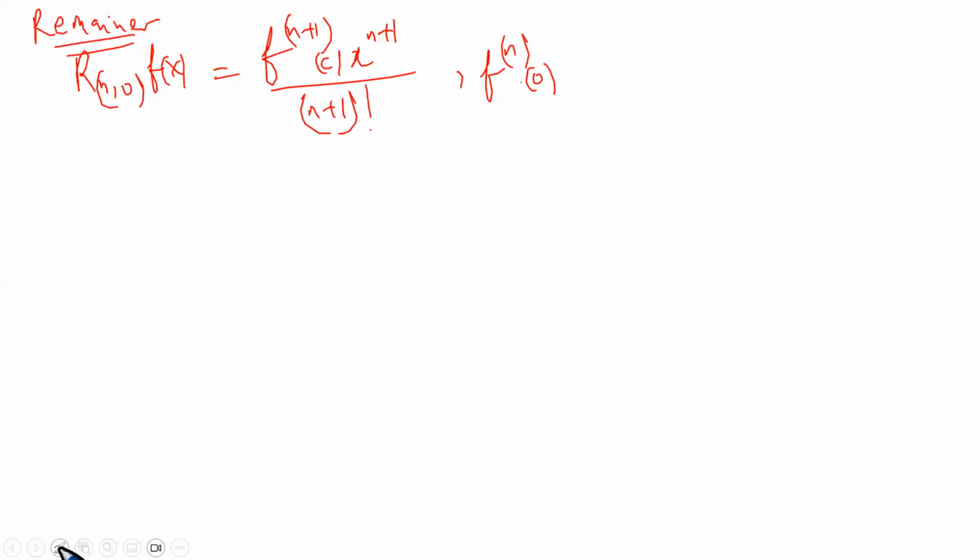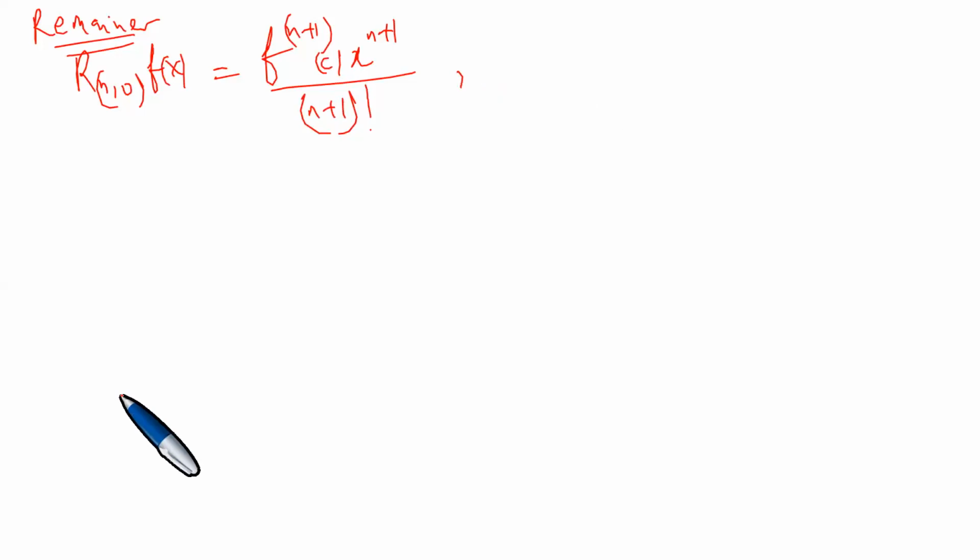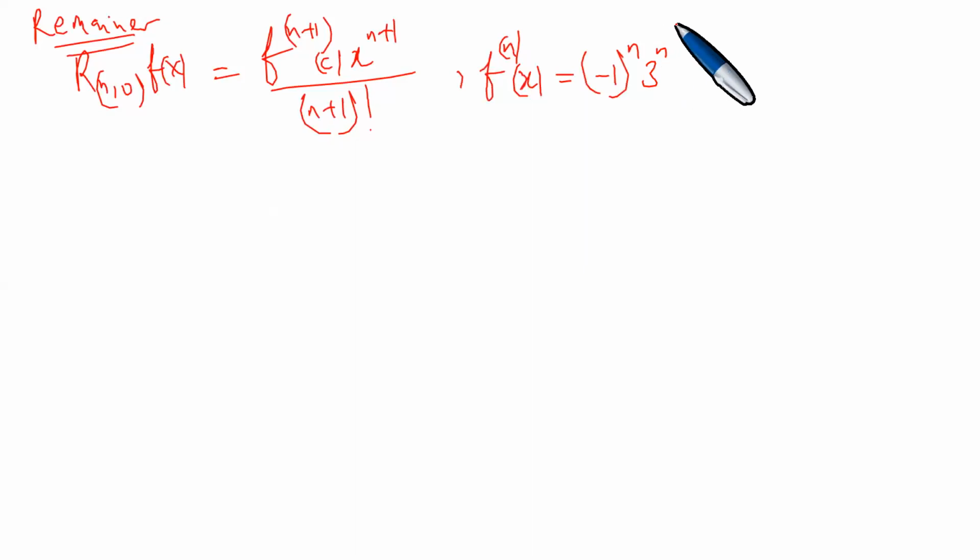Let me remove this. Which is minus 1 to the power n, 3 to the power n, e to the minus 3x. Okay. Now when we get to this point, it is the nth derivative, but we need the (n plus 1)th.